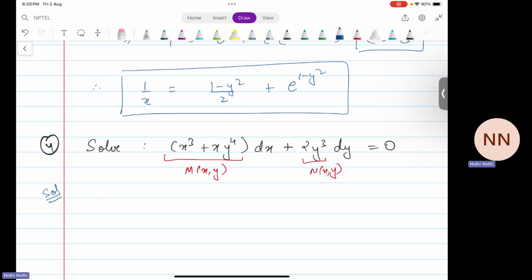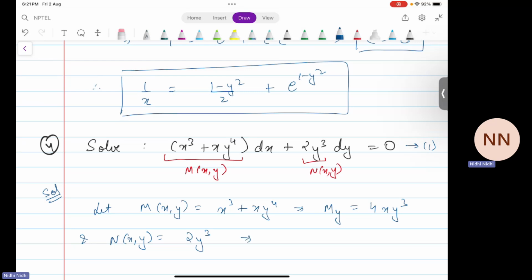Solution. Let M(x,y) is equal to x cube plus xy power 4. Let's number it 1. This implies partial derivative of M with respect to y is 4xy cube. And let N(x,y) to be 2y cube.